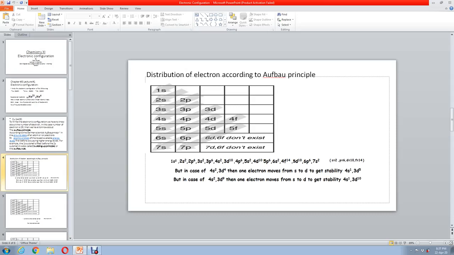Distribution of electrons according to the Aufbau principle is as shown in this figure.